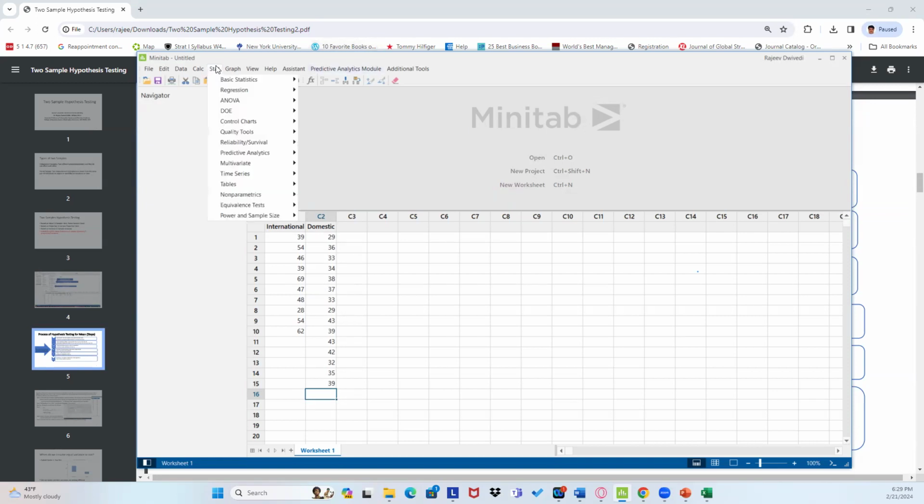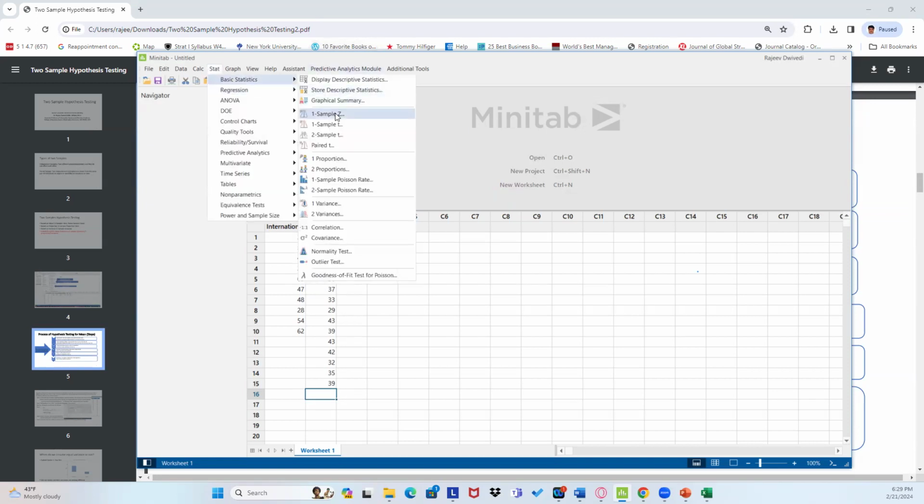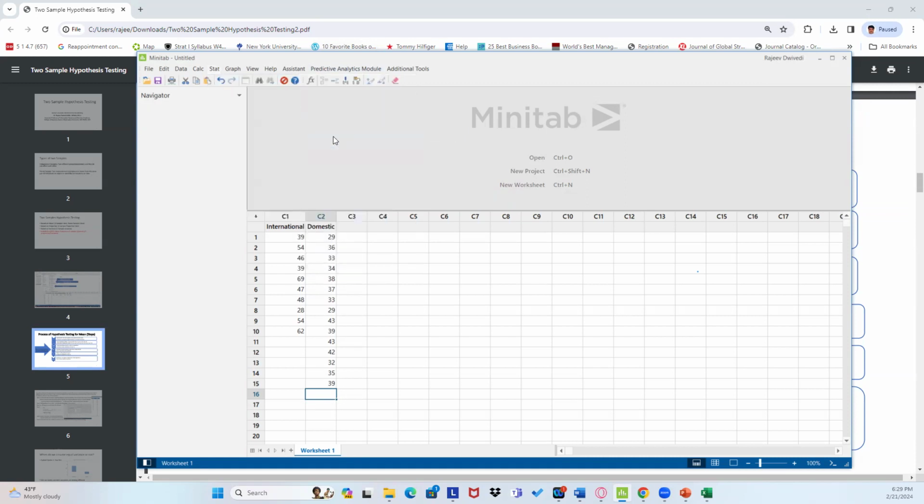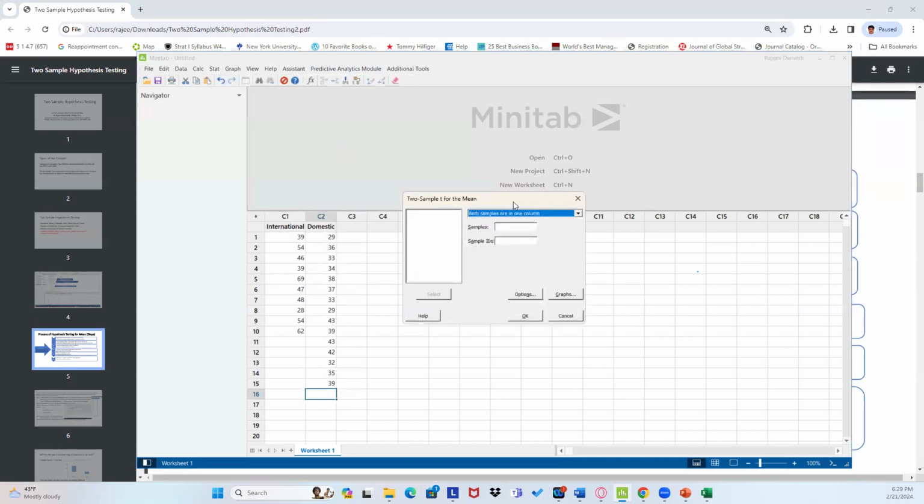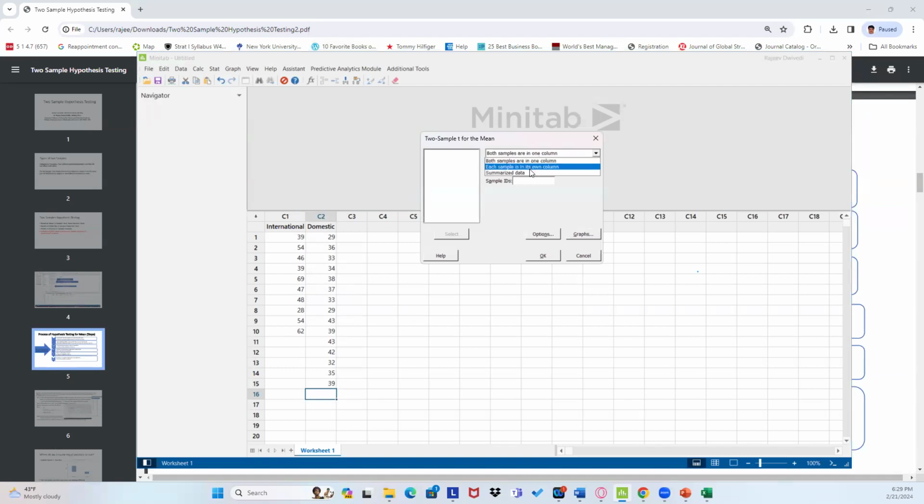So I go under Stat, Basic Statistics, Two-Sample t. Here, you make sure which one is your sample one and sample two. I selected sample one as this, so international minus domestic. Each sample is in a column.